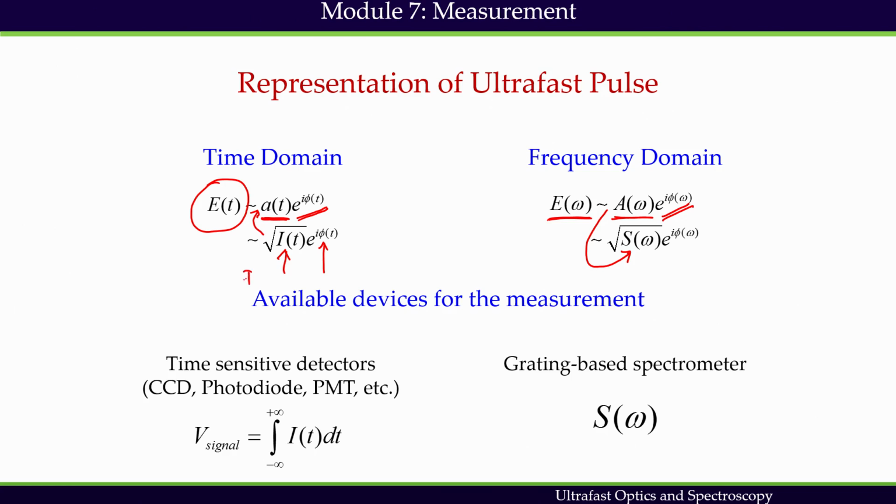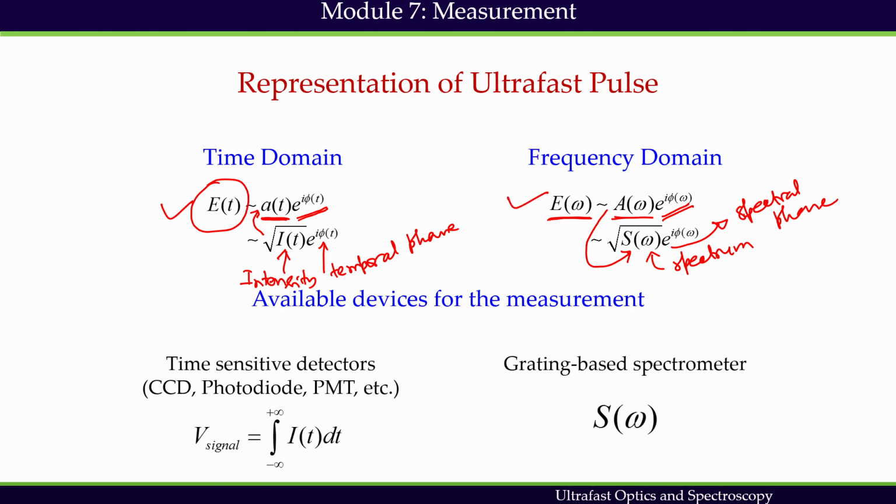So, this is intensity, this is temporal phase, and we have to measure spectrum or spectrum and spectral phase. So, these are the physical quantities we need to measure in order to represent a pulse.